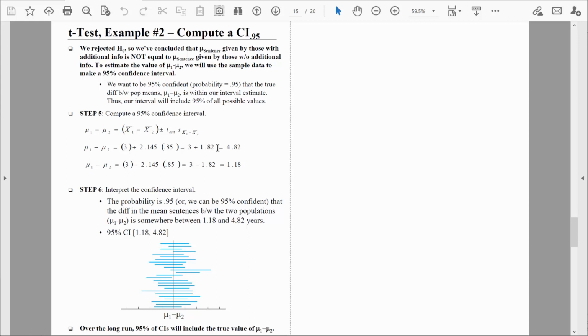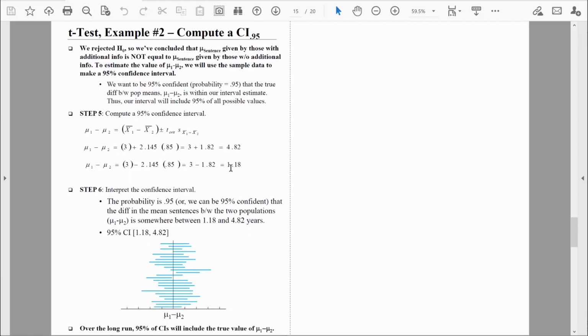And that leaves us with an interval of values ranging from about 1 year to nearly 5 years. So the true difference in sentencing between the two types of jurors, some given the withheld information, some not given the withheld information, is a difference between 1.18 years and 4.82 years.